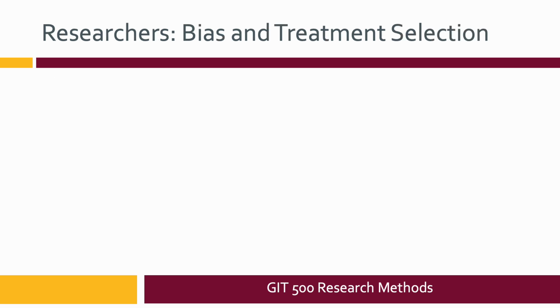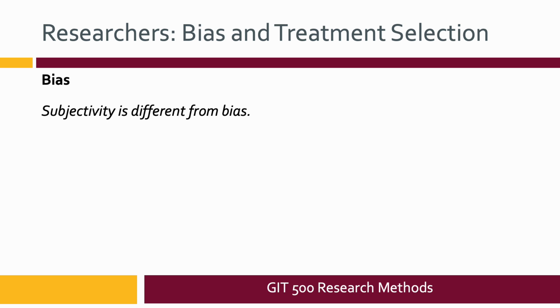Switching to researchers and the ethical issues that we need to be concerned with, we're going to talk about bias and treatment selection. A lot of time when you're talking about bias, people think subjectivity is different from bias. It is not necessarily the same thing.